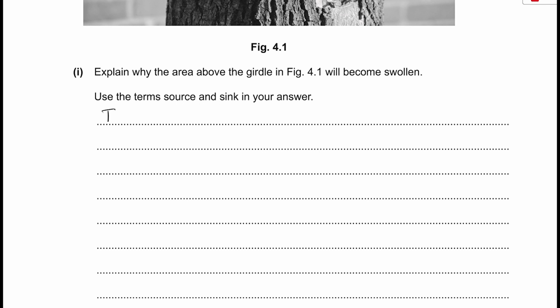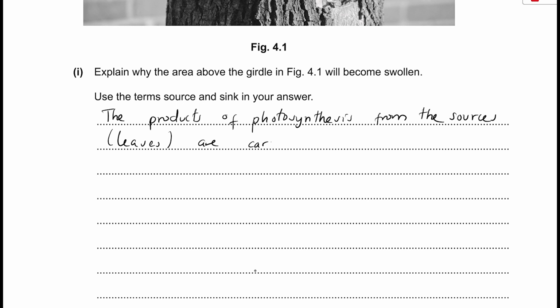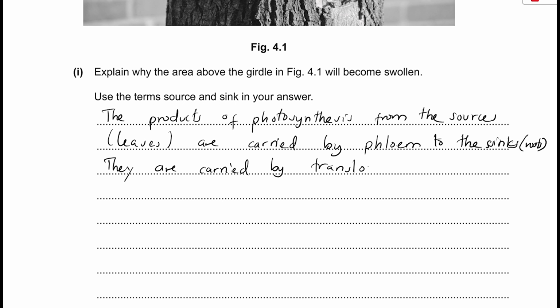So here we say that the products of photosynthesis from the sources or leaves are carried by phloem to the sinks, whereas here we know that sinks represent roots. Okay, they are carried by the translocation process.